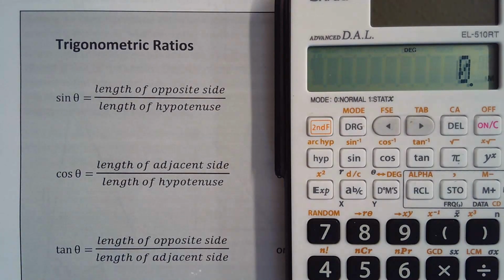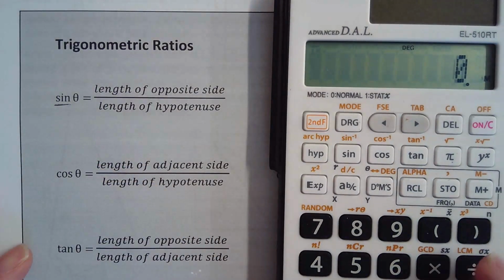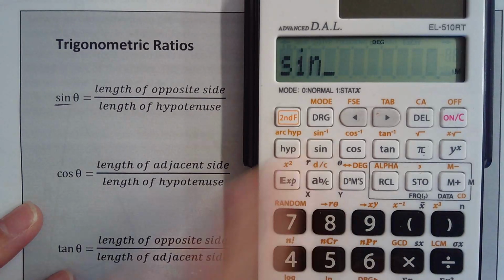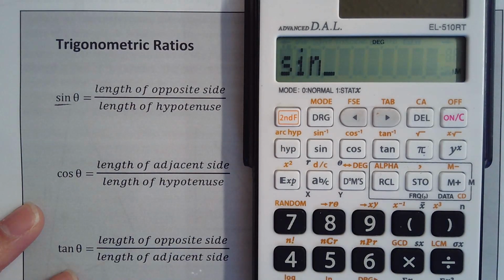Now, can you locate the key that says sine? I know it says SIN, right? So you have a sine right there. That's a function. Sine function. Okay, so clear that.